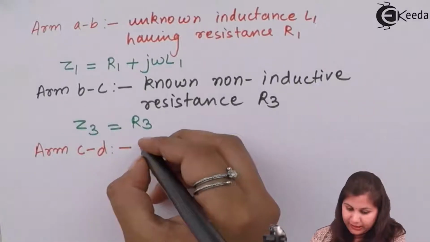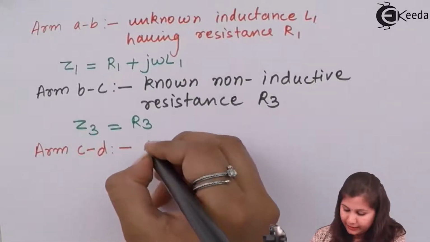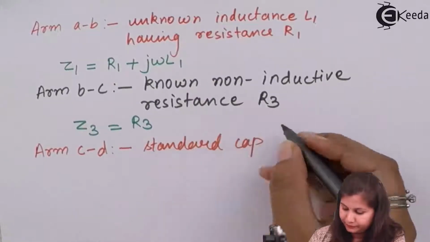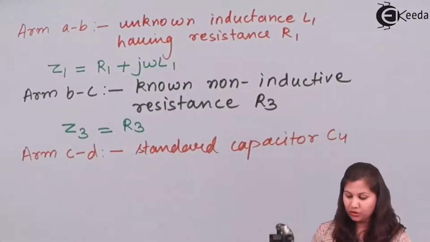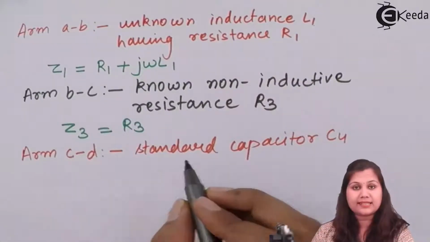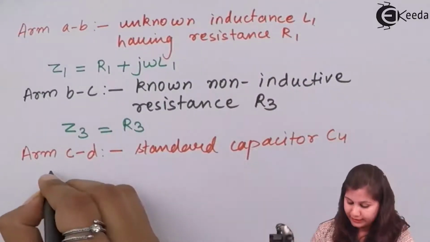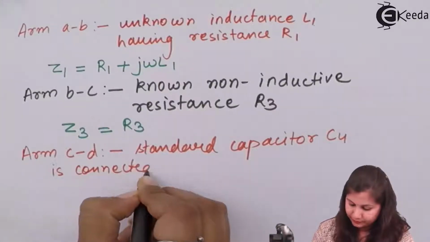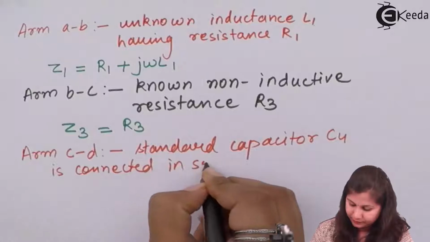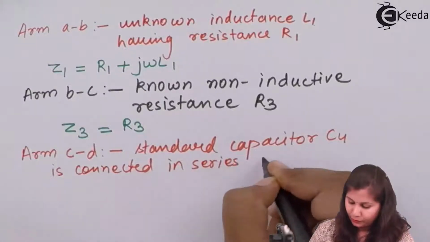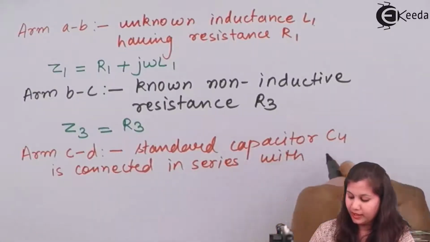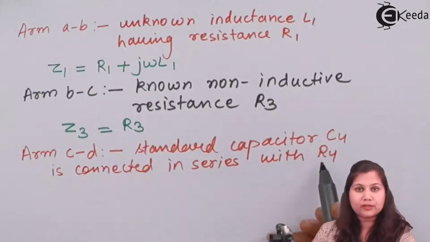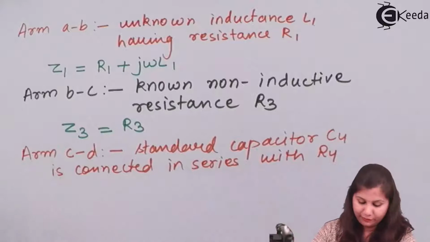So arm CD has a standard capacitor C4, which is connected in series with the known non-inductive resistance R4. So it will be a series combination of R4 and C4.